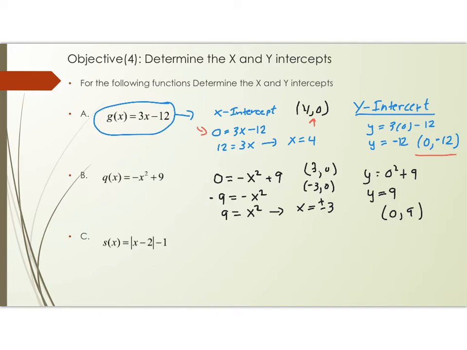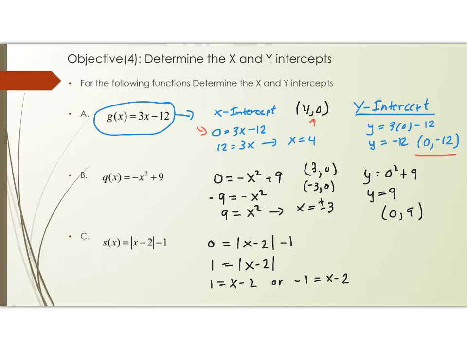For the next problem, again, we let 0 is equal to the absolute value of x minus 2 minus 1. 1 is equal to the absolute value of x minus 2. So now we have two possibilities. 1 is equal to x minus 2, or minus 1 is equal to x minus 2.